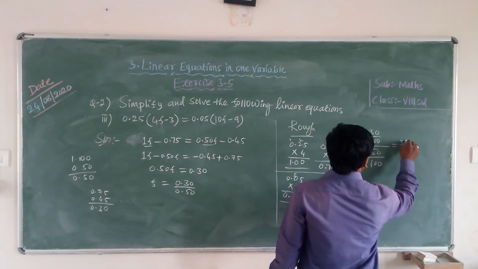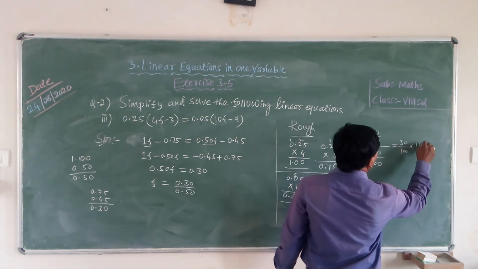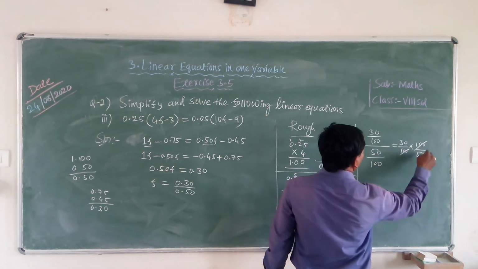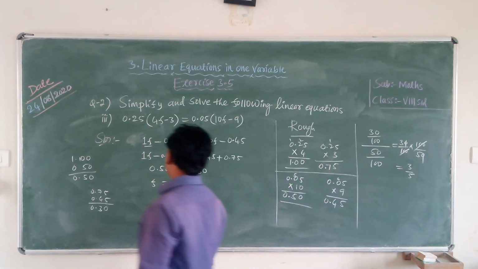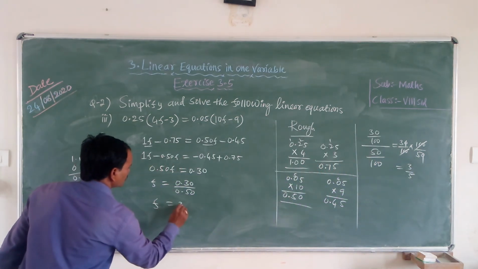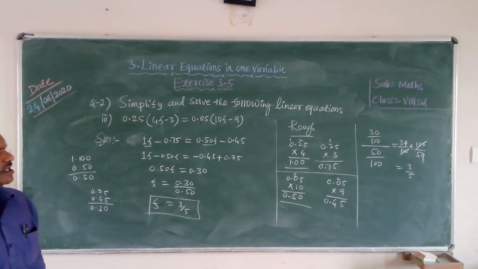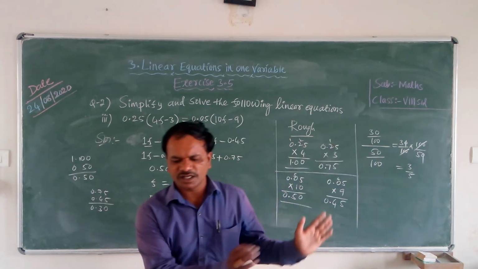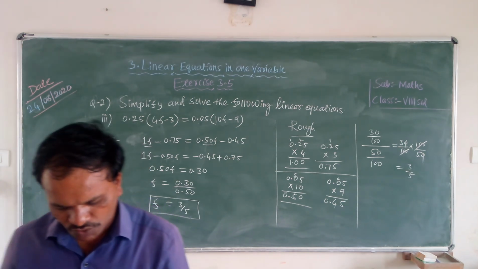So 30 divided by 100 into the reciprocal, 100 divided by 50. The 100 gets cancelled, and a 0 gets cancelled. The answer is 3 by 5, so f is equal to 3 by 5. This is the answer. Rough work is very important, you have to do the rough work on the right side.